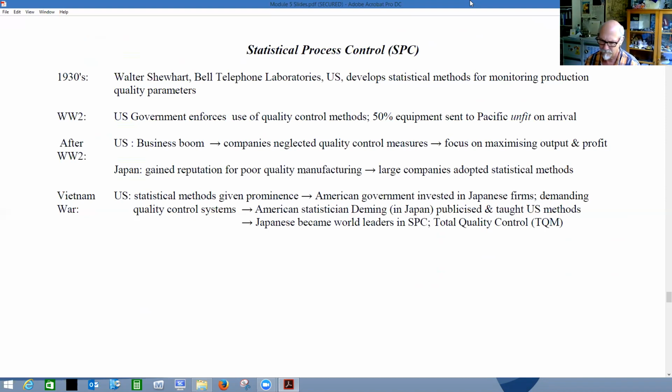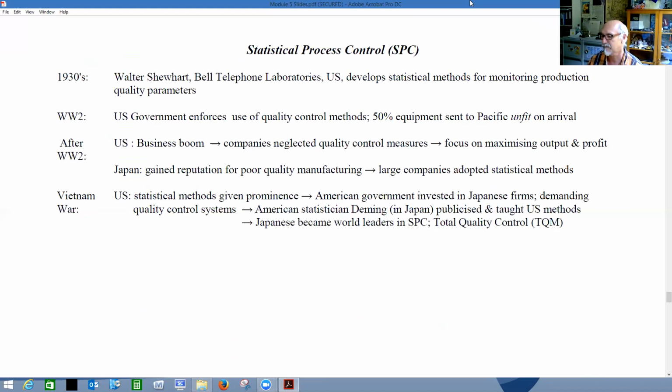Japan was occupied by America after the Second World War, so a lot of American influences came into Japan. When Japan was rebuilding after the war, radios and cars had a really poor reputation for poor quality manufacturing. But over time, investment was put into those companies, and Toyota, Suzuki, all those companies became quite powerful because of some of these methods.